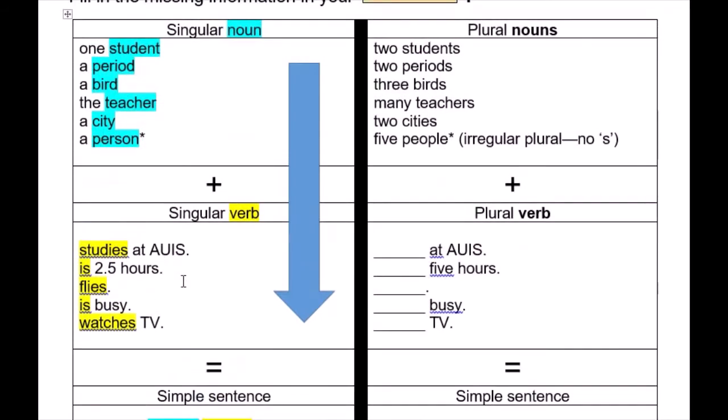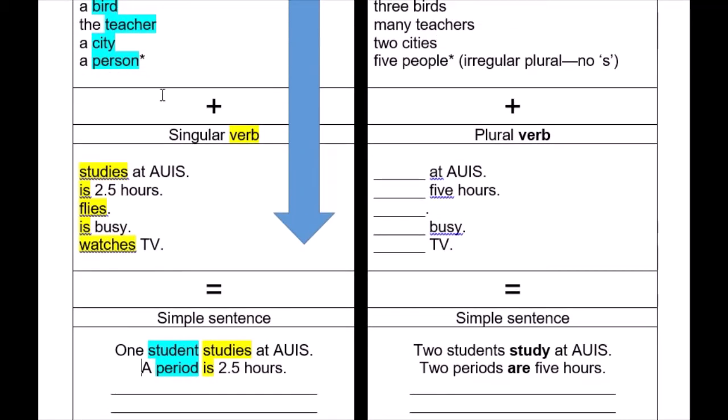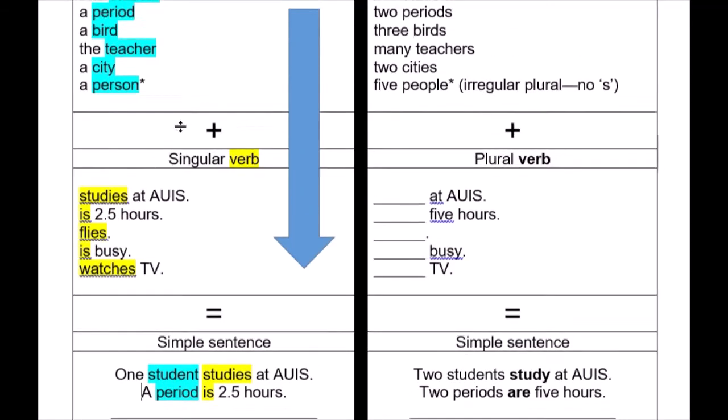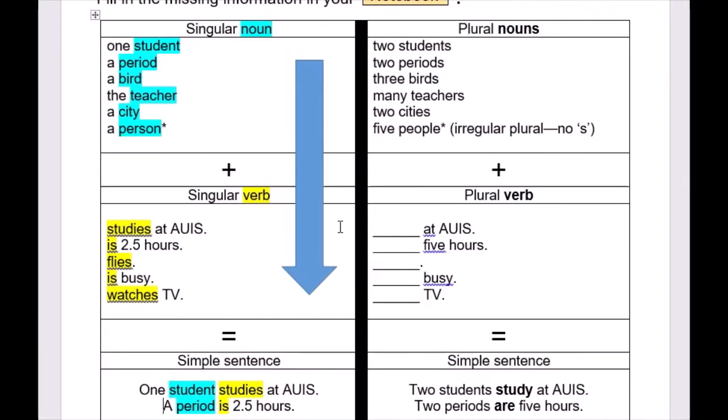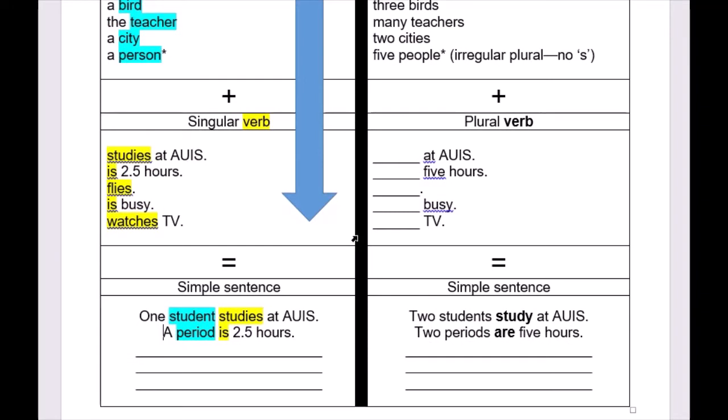So I did the first 2. I want you to copy the information for the other 3. So we have a bird, the teacher, a city, a person. Okay. You can pause and write that in your notebook, in the practice notebook for March 5th. Okay.